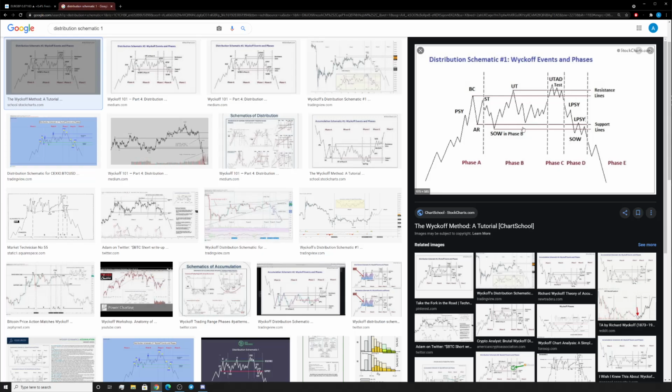We have a range, we have a liquidity grab, and then we have the release. We've already built up volume, we've taken out liquidity, we've charged with that liquidity, and we've now begun the move to the downside, the bearish move. It's basically coming down now.